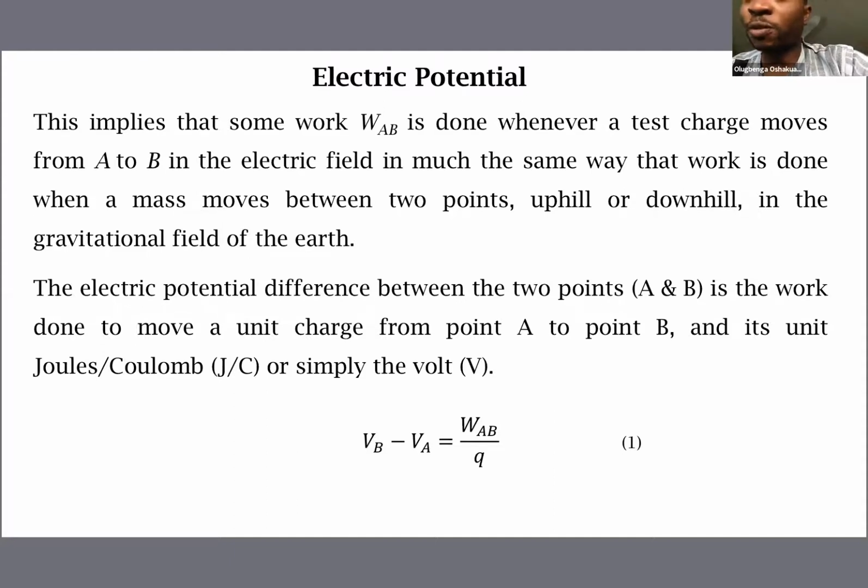So when a body moves from point A to point B, when the potential at point A is VA, and the potential at point B is VB, then the work done is WAB when the charge is Q. So the potential difference VB minus VA is as good as the work done divided by the charge.